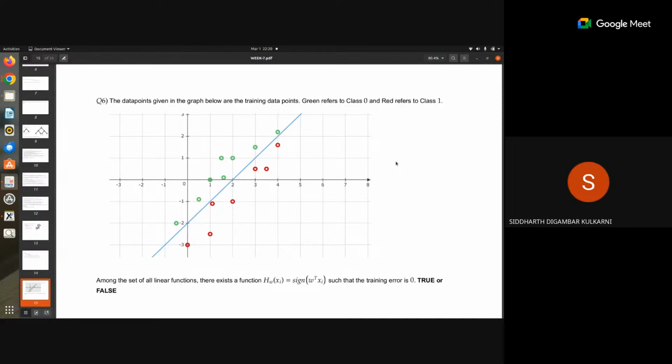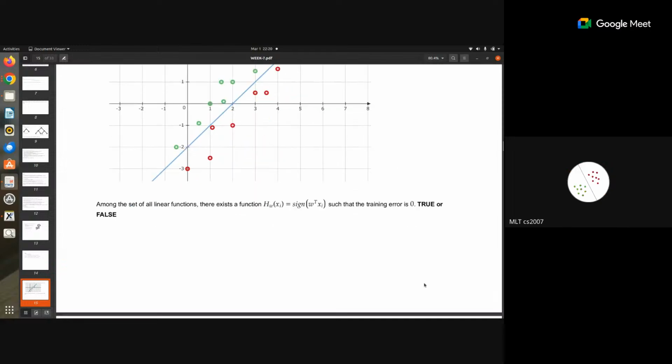Those are the two vectors perpendicular to the blue line. It's the same line, just the opposite direction. Okay.